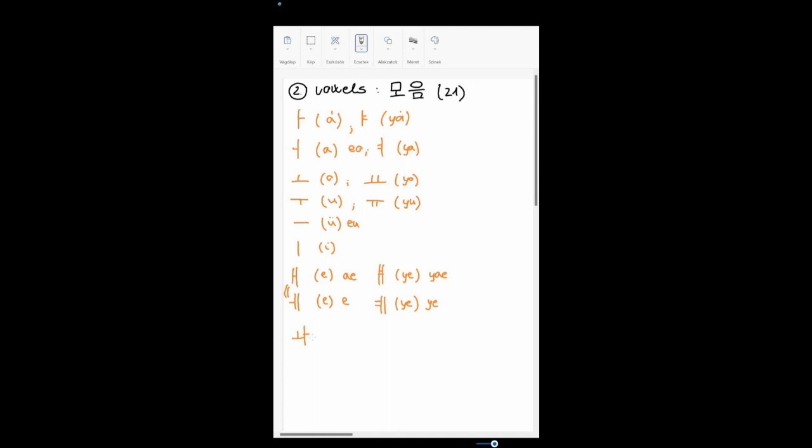As you can see, the first combined vowel consists of two already known letters, O and A. If you say these two letters out loud together, you get the proper sound of the new vowel. Just listen. Wa, wa, wa. Wa is the proper sound.